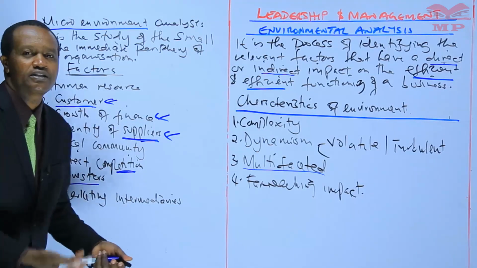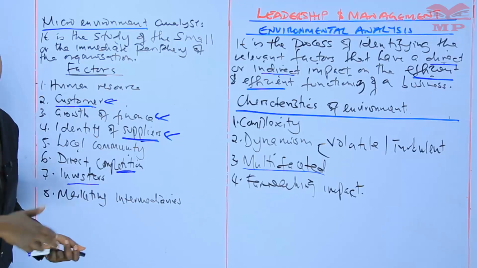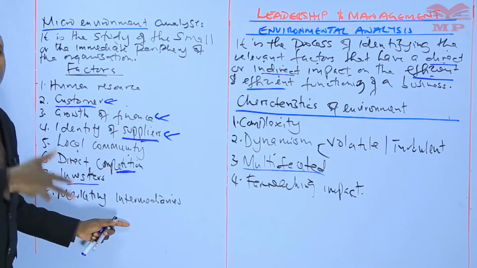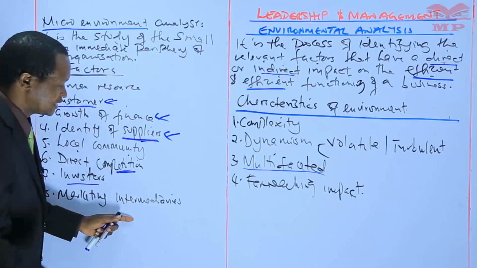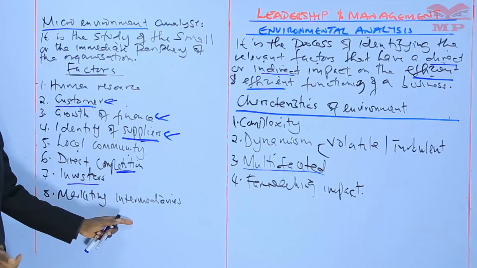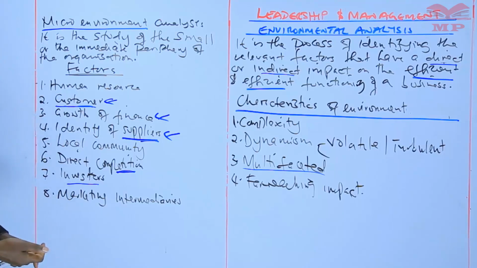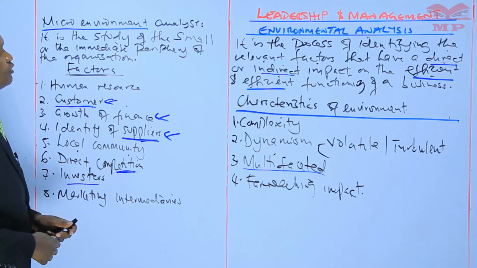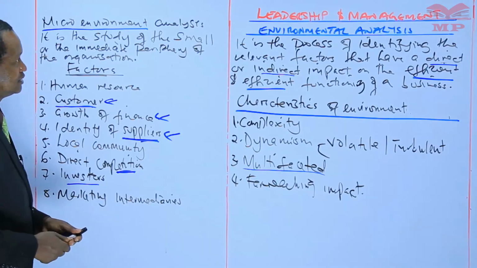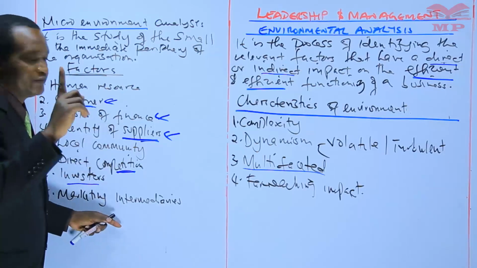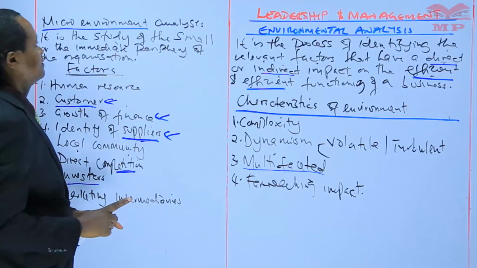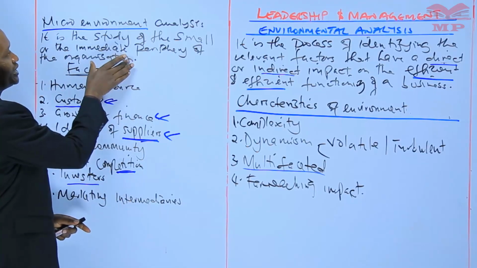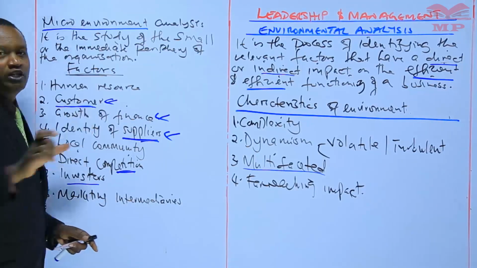These are the agents, the wholesalers, the retailers who distribute and sell the organization's products and services. So in brief, that's what we can talk about in micro-environmental analysis. Micro-environmental analysis, I've defined it as the study of the small or intermediate periphery of the organization.